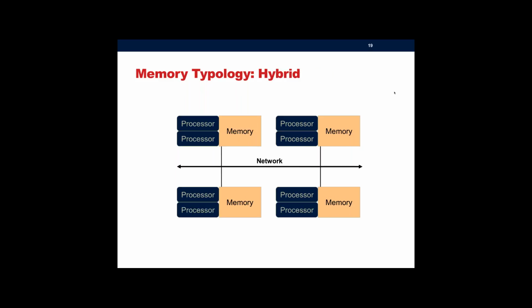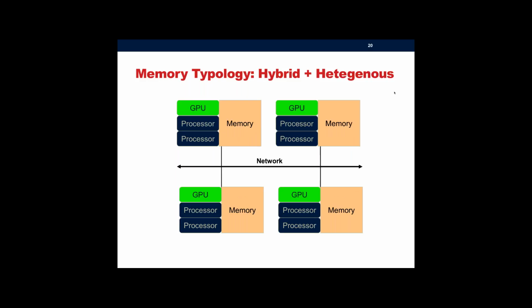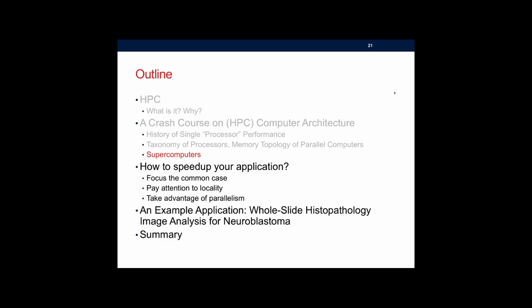And of course, we can have the hybrid model, where today we actually have heterogeneous computers, which have different types of processing units in each computing node, and they are connected through a network.